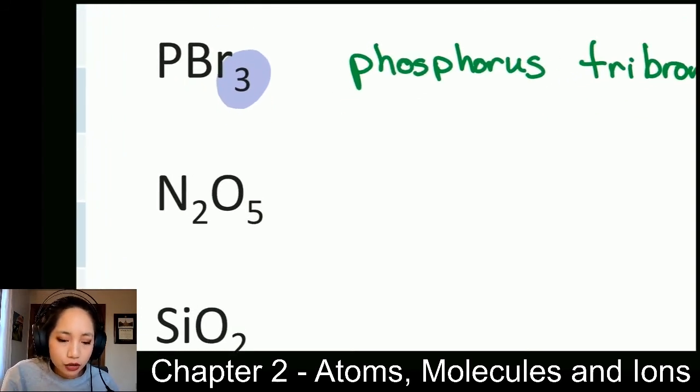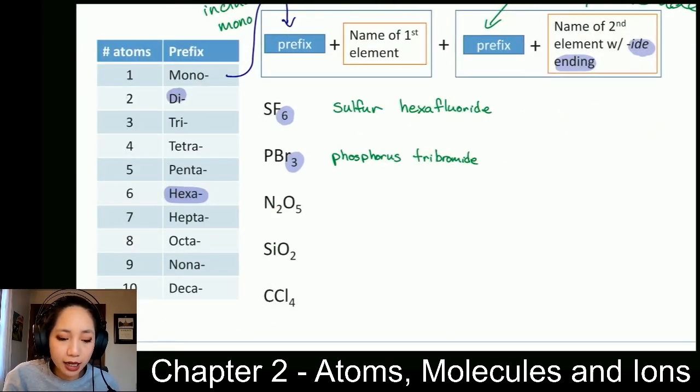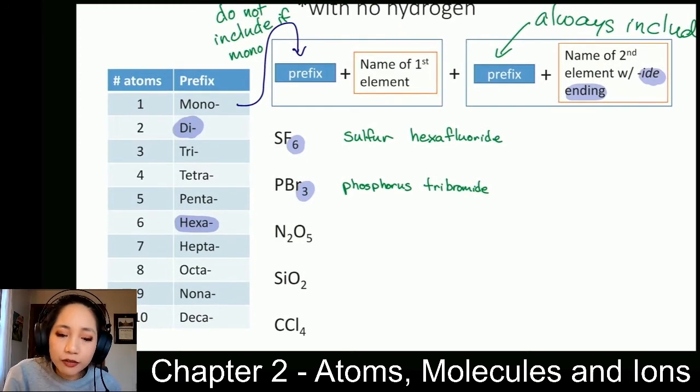Okay, now we have N2O5, so nitrogen and oxygen. We name the nitrogen and the prefix. Our prefix is 2, so it's di, and this time we finally get to include one because it's not mono.